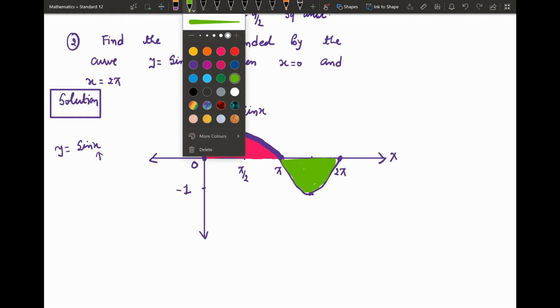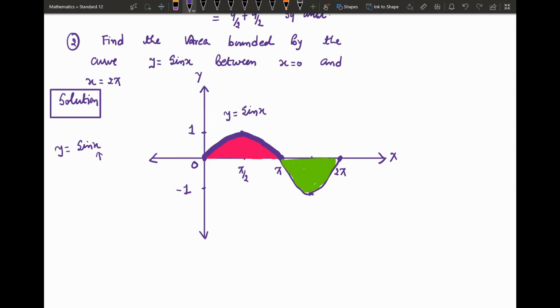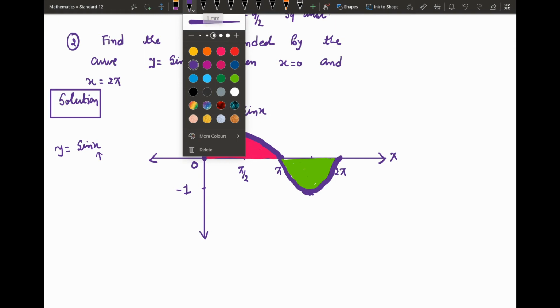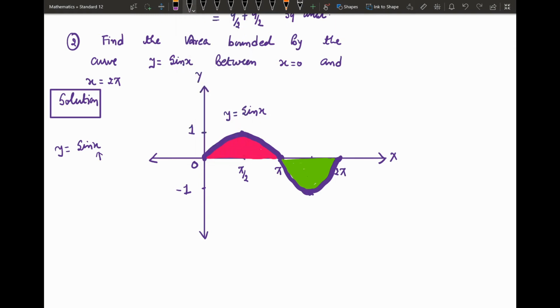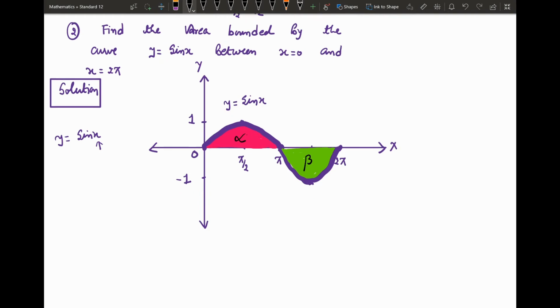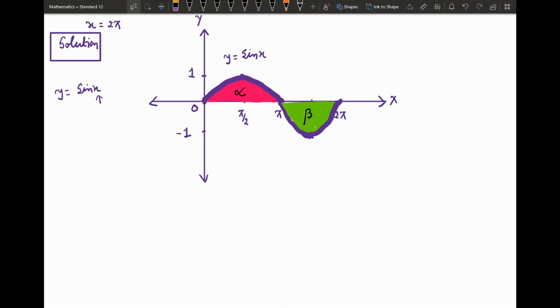Actually no need to evaluate the lower portion because it is equal to the upper portion. If we denote this portion by beta, say alpha and beta, actually the total area will be 2 times alpha. Even no need to evaluate beta because it is a similar portion.